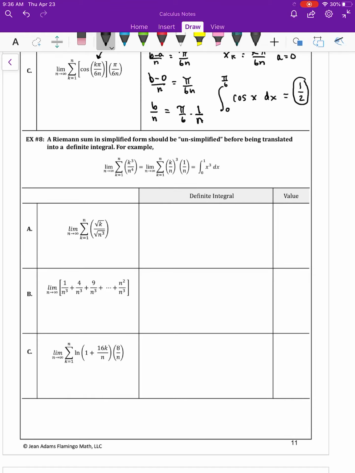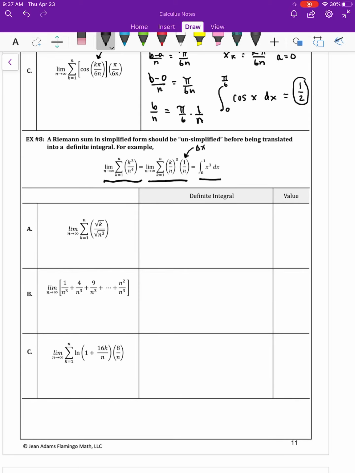All right, so a Riemann sum in simplified form should be unsimplified before being translated into a definite integral. So, for example, the limit as n goes to infinity of summation k equals 1 to n of k to the third over n to the fourth could be the same thing as the limit as n goes to infinity of summation k equals 1 to n of k over n to the third times 1 over n.